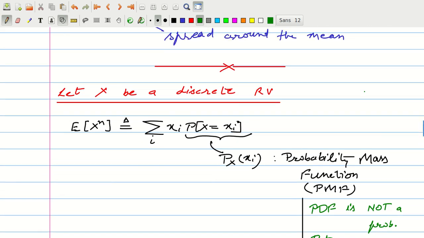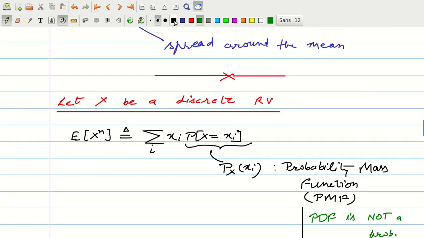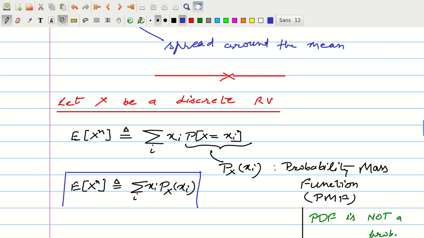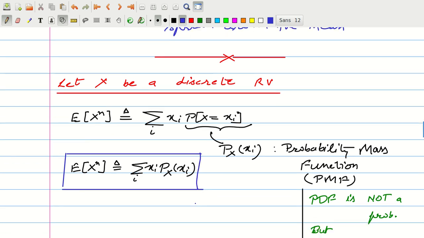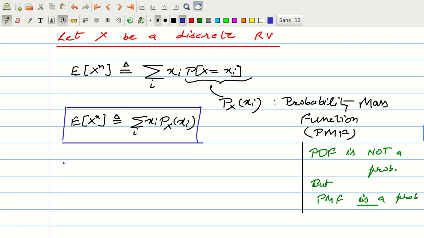So keeping this in mind, the nth moment, let us write down once again, is written as E of x to the power n, defined as summation over all i of xi px of xi. So this is the definition. The two special cases which we are interested in: when n is equal to 1, we get E of x, which is equal to summation over all i.